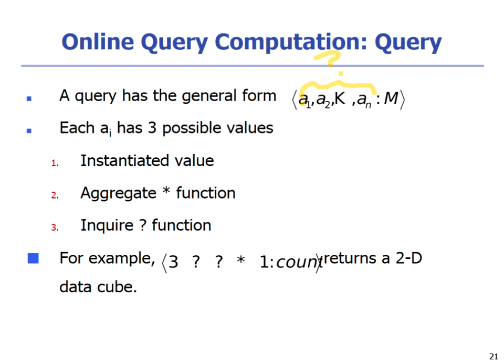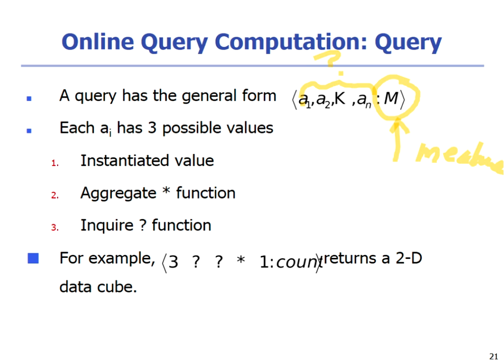Attributes, not attributes, but we can talk about dimensions. Very good. And M here is the measure. Is it clear?